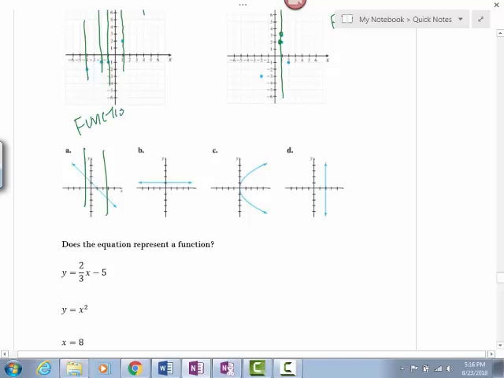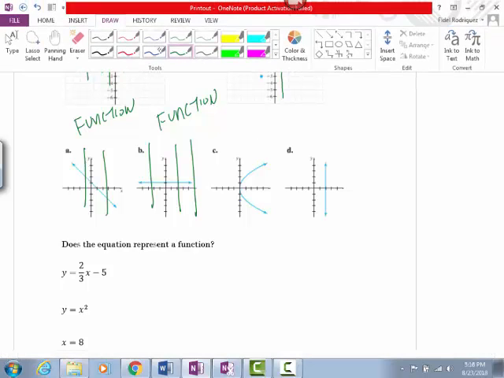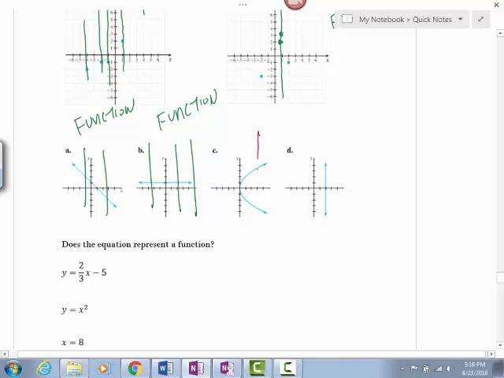This is a function. In B, every time I draw a vertical line, I'm only going to hit my graph one time. This one here is a function. And in C, if I draw my line, again, I'm hitting the graph twice, so it's not a function.